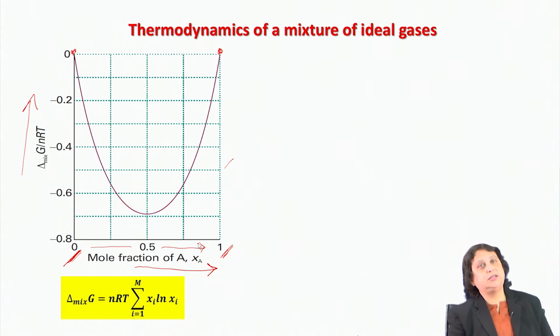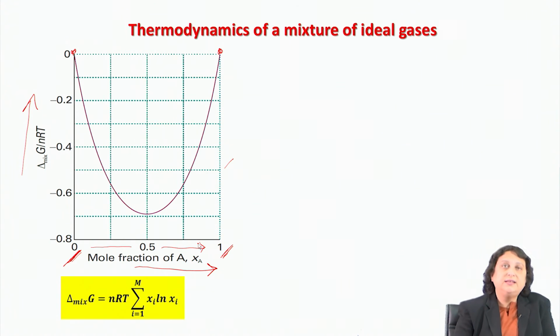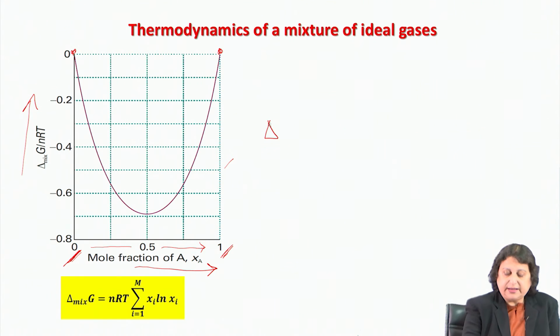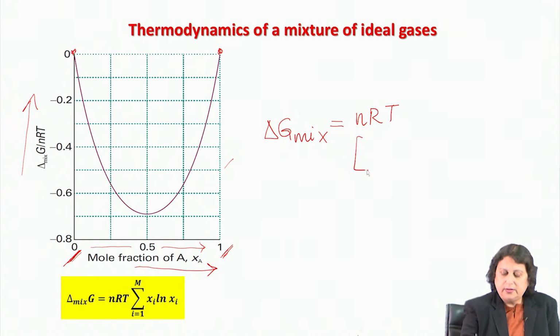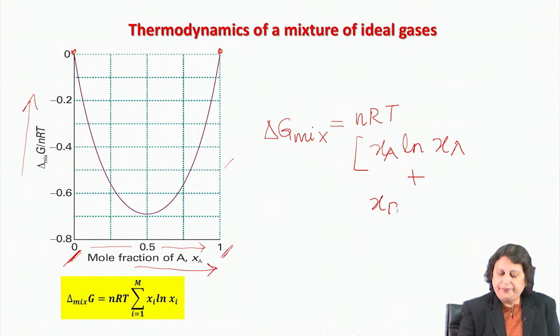Now consider the situation where Xi is a very small number. In that case, what I will find is as follows. Xi is less than 1, and therefore I will have delta G mixing given by nRT into Xa ln Xa plus Xb ln Xb.